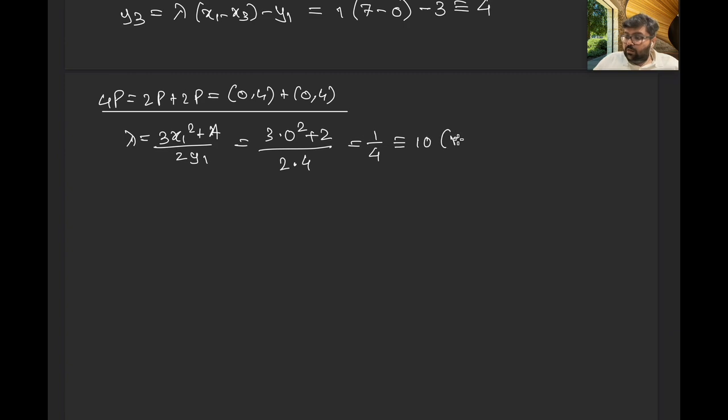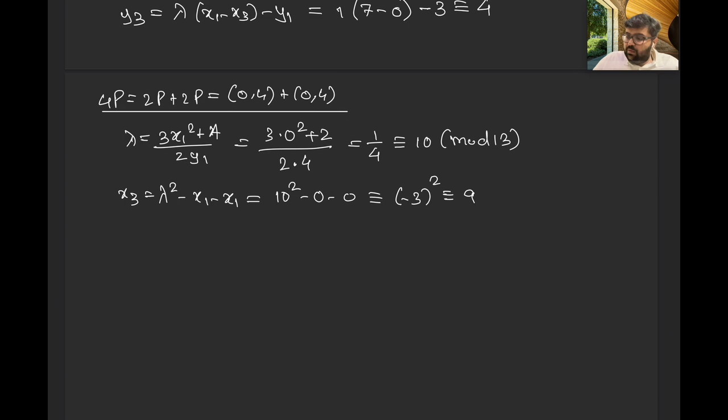Now this is 10 modulo 13. And x3 is lambda square minus x1 minus x1, which is 10 square minus 0 minus 0, right? So 10 square, 10 is nothing but I can subtract 13 from 10, so 10 is nothing but minus 3.